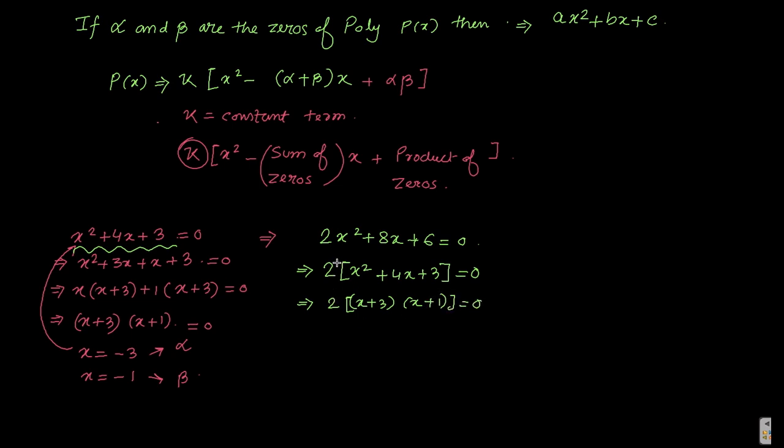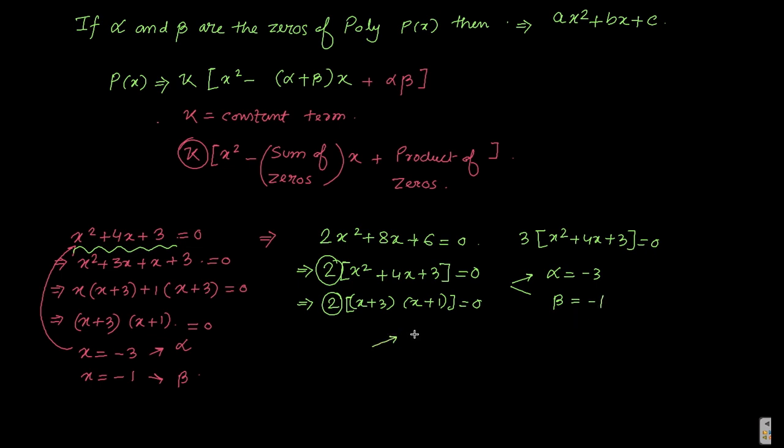So whether it is 2 or 3, if it is 3 into x square plus 4x plus 3 equals 0, then alpha is always minus 3 and beta is always minus 1.